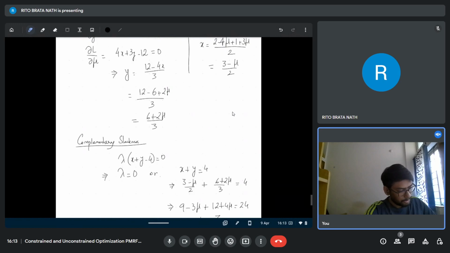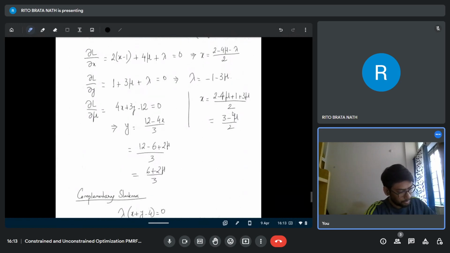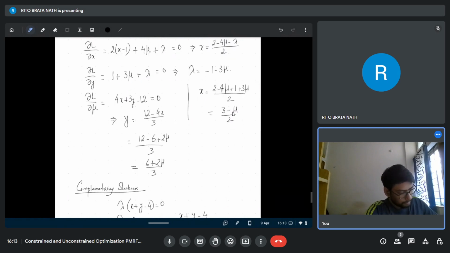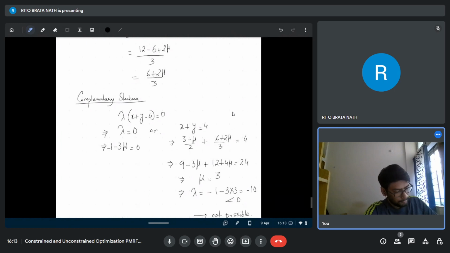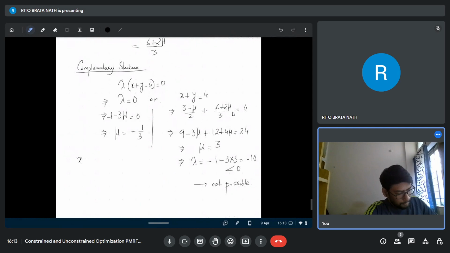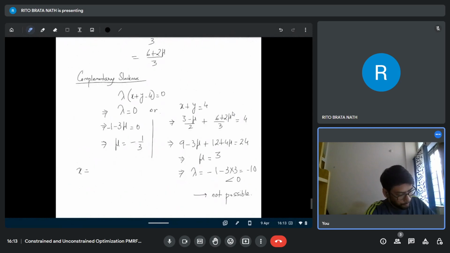So what you have is lambda is 0. That means mu is minus 1 by 3. So x becomes 3 minus mu by 2.